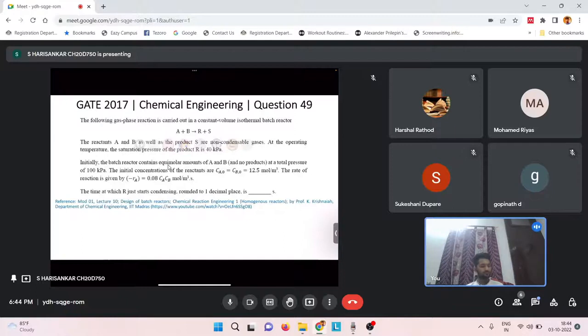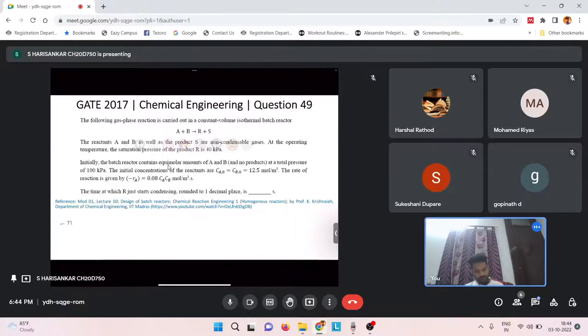So this is a question based on design of batch reactors, and the reference NPTEL lecture series can be found in Module 1, Lecture 10, Design of Batch Reactors, Chemical Reaction Engineering 1, Homogeneous Reactors by Professor K. Krishnaiah, Department of Chemical Engineering, IIT Madras. So let us see the details they have given us.